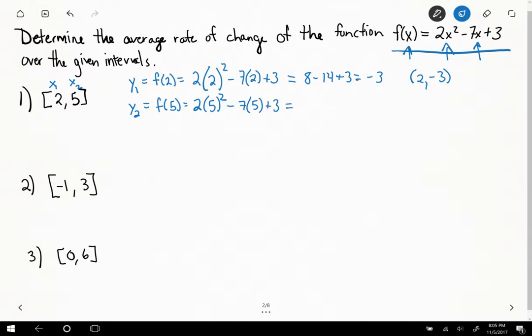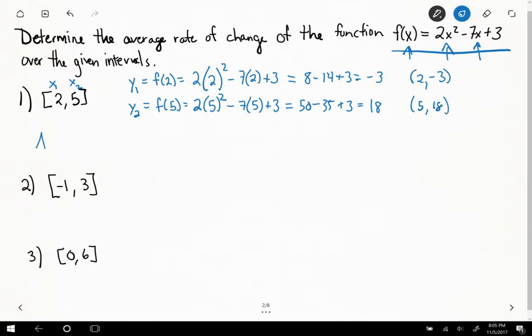And then plus a 3. So notice 5 squared is 25, multiplied by 2 is 50, minus 35 is 7 times 5, plus 3. So 50 minus 35 is 15, plus another 3 is 18. So for our second coordinate, we get 5, 18.